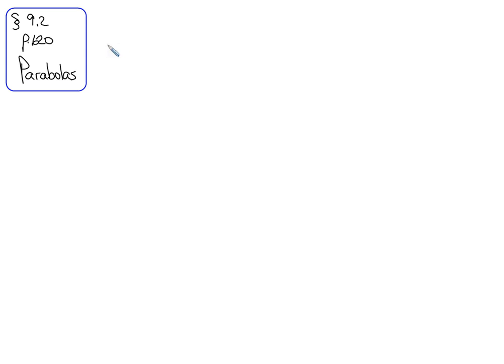So what I want to do now is talk about the definition of a parabola. And a parabola is the locus of points. And again, what does locus mean? Collection. Good.